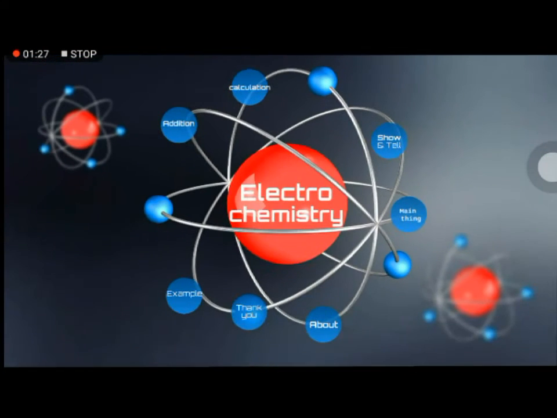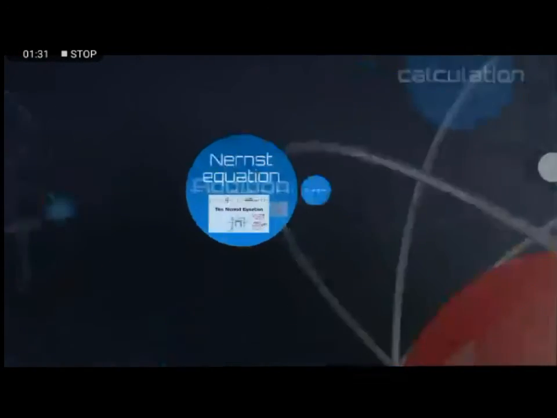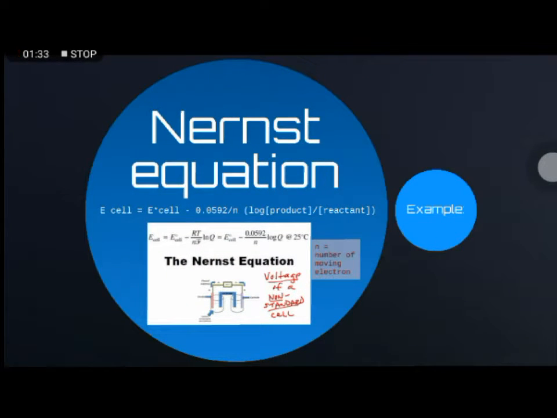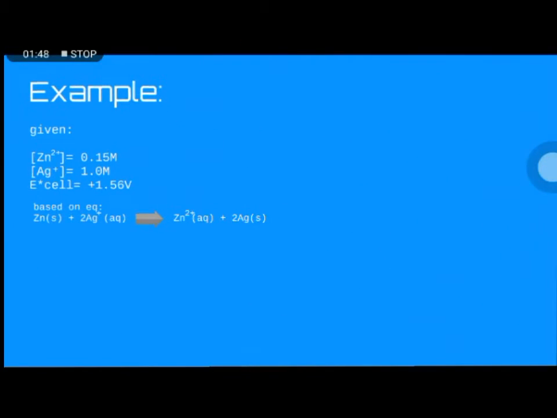Done with this. And then we're going to go to 10.2, which is the Nernst equation. In this subtopic, we're going to learn about this equation, which students really hate because they don't know how to use it. So I'm going to show you how to use it. The n stands for the number of moving electrons. Let's check out the example first.